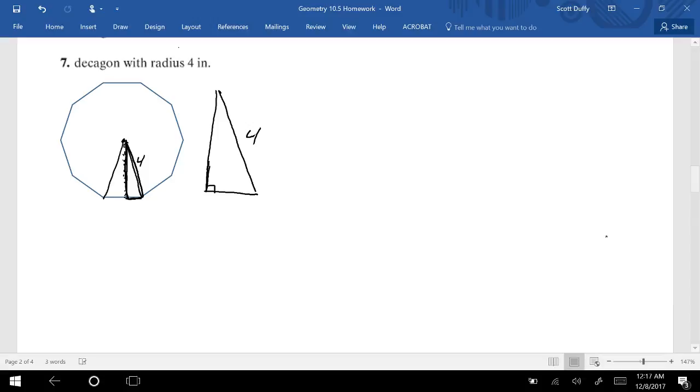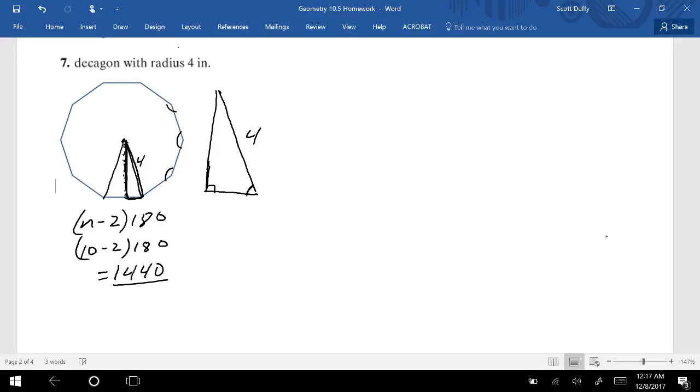And I can figure out what this angle is right here, because it's half of what any of these interior angles are. So to find the interior angles, I do n minus 2 times 180. The number of sides is 10 minus 2 times 180. And that equals 1440.